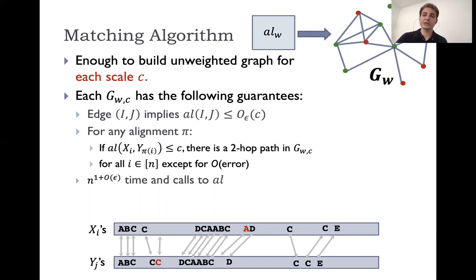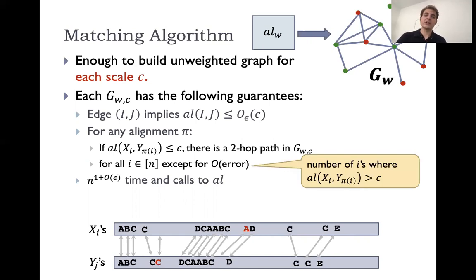And we're going to do that using a near linear number of calls to the AL oracle, and this AL oracle is very fast. It takes n to the epsilon time. And we're going to have some error, so this cannot be guaranteed for all I, but this is where we get the on average part.